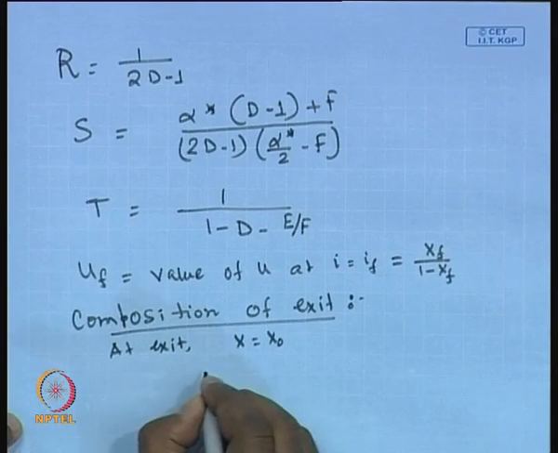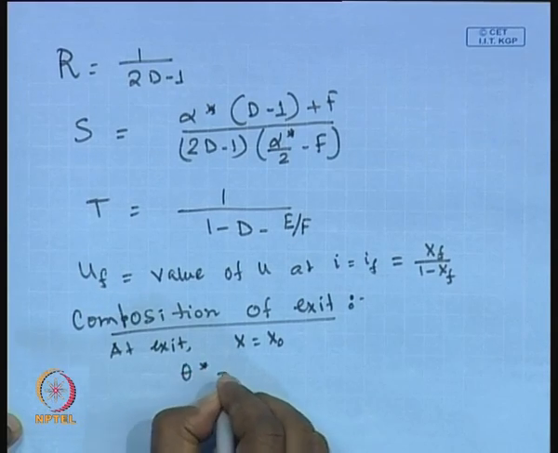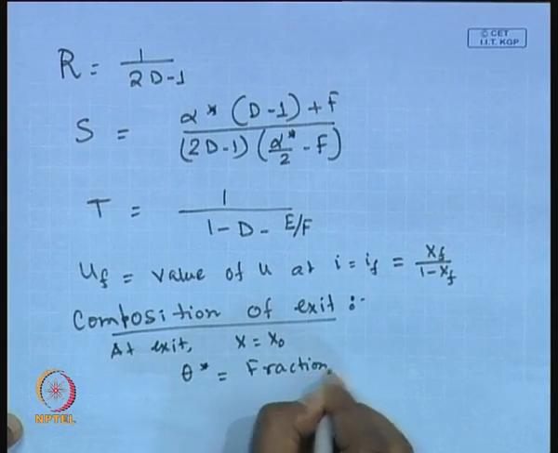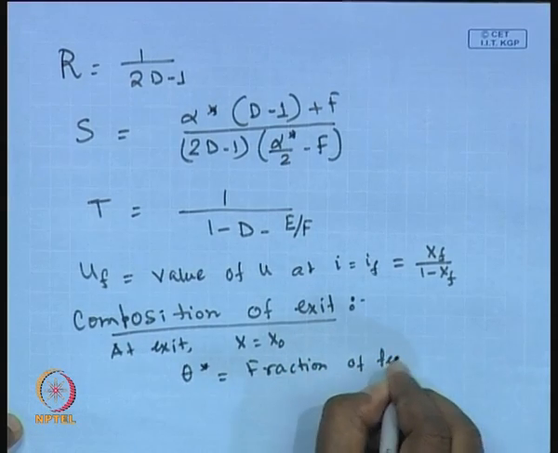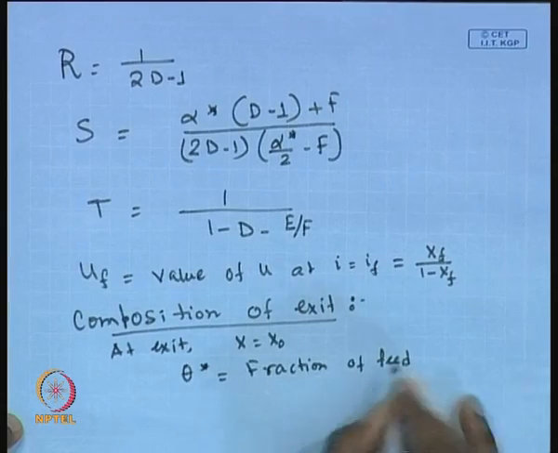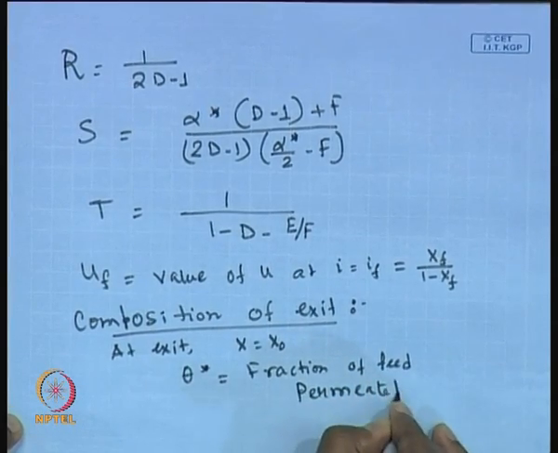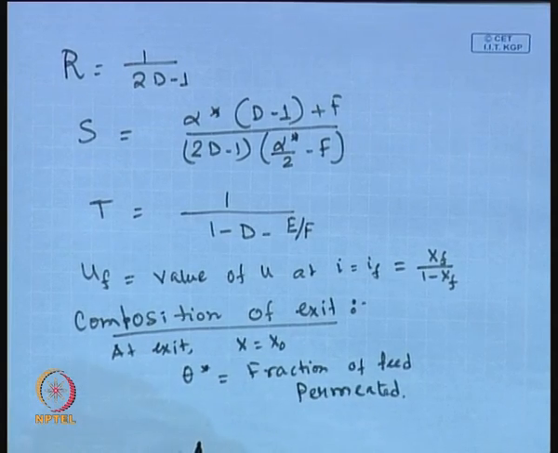Theta star is cut ratio, fraction of feed that is permeated, okay, and Y p is the mole fraction at the exit of the permeate, estimated by the overall material balance.